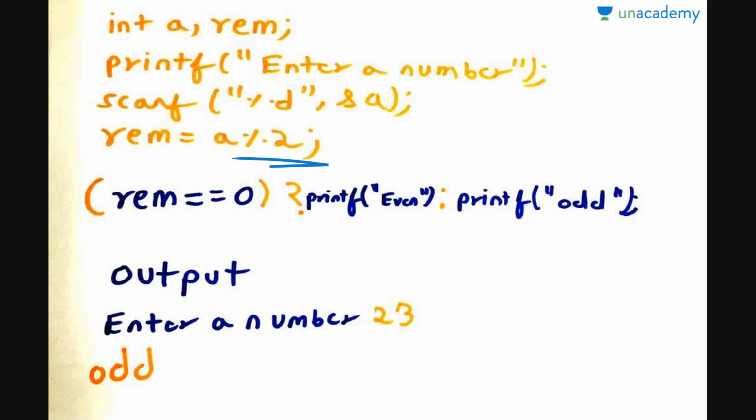So any number mod 2 means if you divide a number by 2 and you get a remainder of 0, then it's an even number, else it's an odd number. So this program is basically for checking whether the number is even or odd. Suppose you take the input as 23. Then a mod 2 will not be equal to 0, hence it will jump to the false part, that is the odd, and print odd.